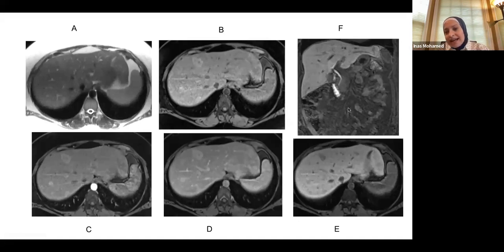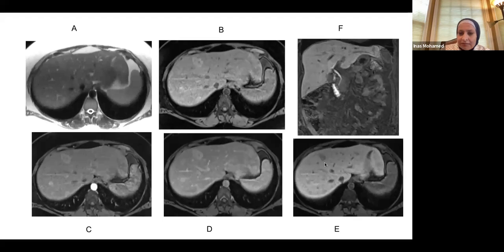This is the hepatobiliary phase, which is different from the case that we just saw. Losing the signal in the hepatobiliary phase is not washout. All of the lesions we are going to discuss, hemangioma, cholangio, everything, are going to lose the contrast except focal nodular hyperplasia.